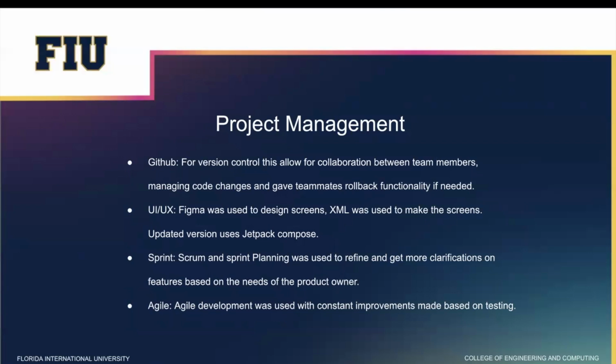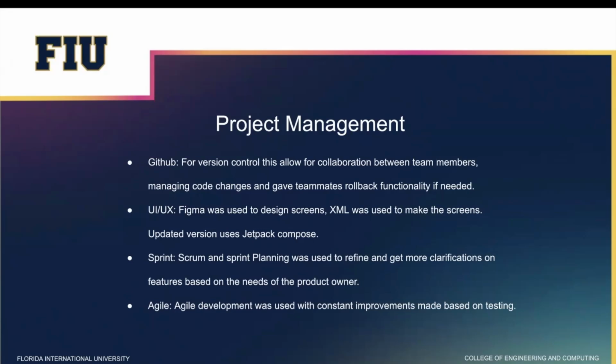So to manage our project, we used GitHub, which allowed us to do version control and better collaborate between all of us. GitHub allowed us to create different versions where each teammate can do their code, be reviewed by different teammates, and it also allowed us to have rollback functionality if we needed it.